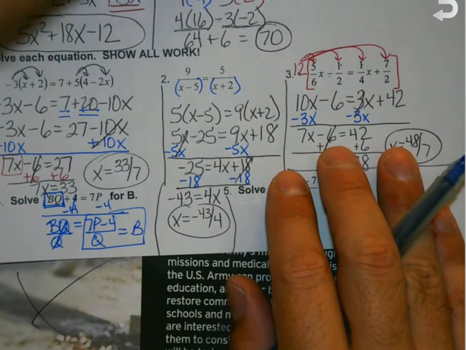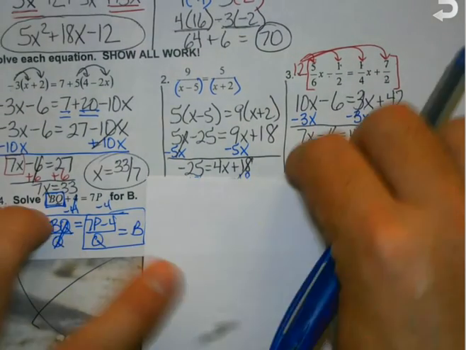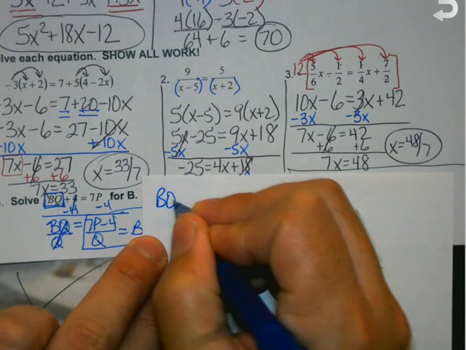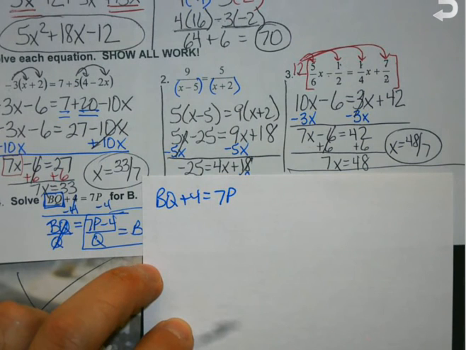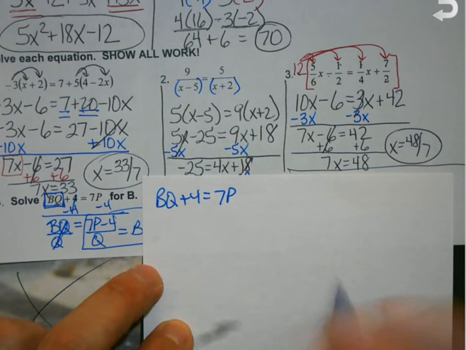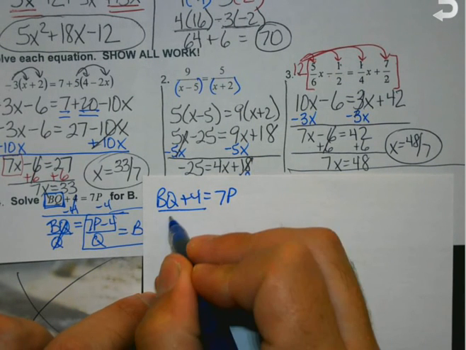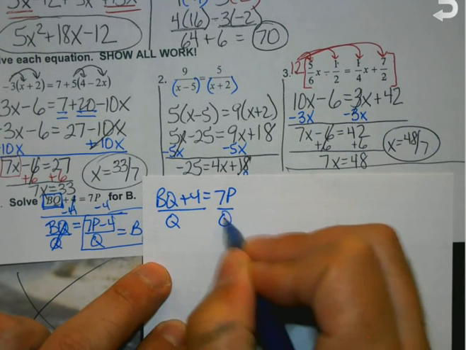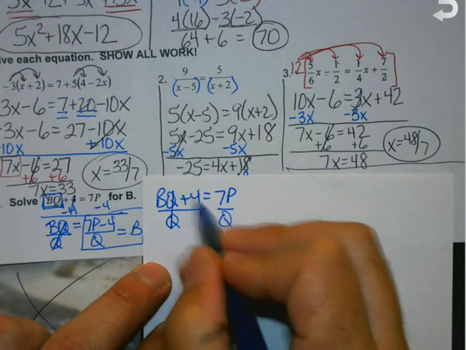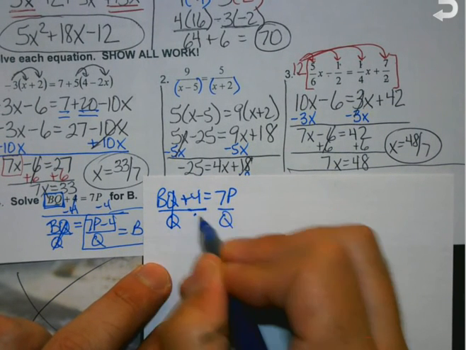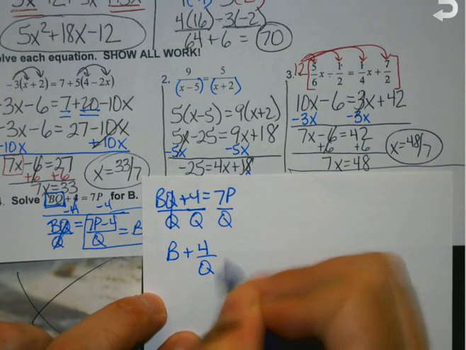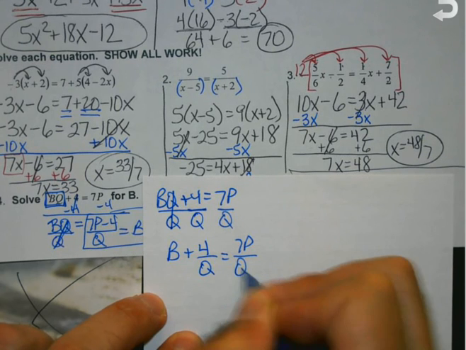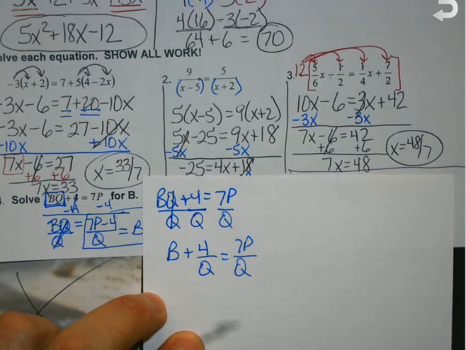If I decided to divide first, here's the dilemma I'd get myself into: since this plus gives it another term, now I'm going to have to find a common denominator, and it's going to take me longer to get there.